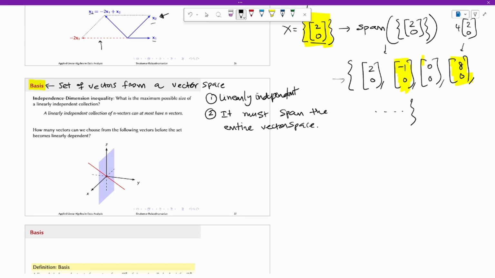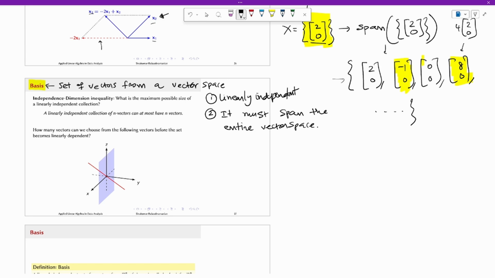So that's essentially a fancy way of saying, for us to call a set of vectors a basis for a vector space, that set has to be non-redundant. That means there should be no redundant information in that set. And I should be able to produce every element in my original vector space as a linear combination of this set that I have. Okay?